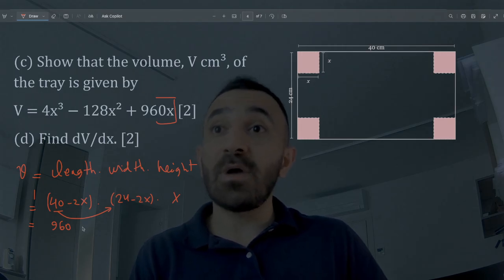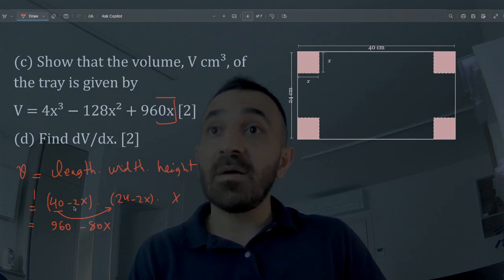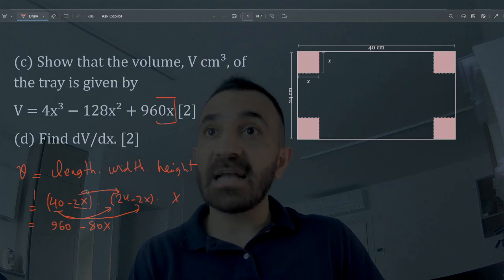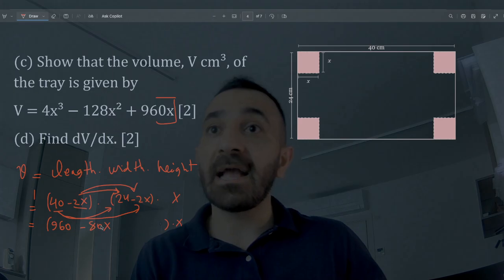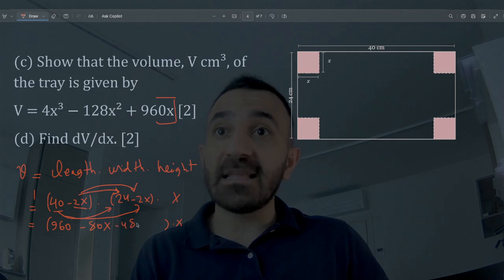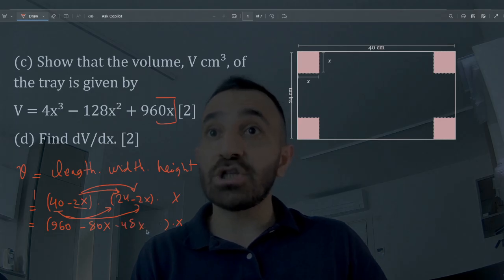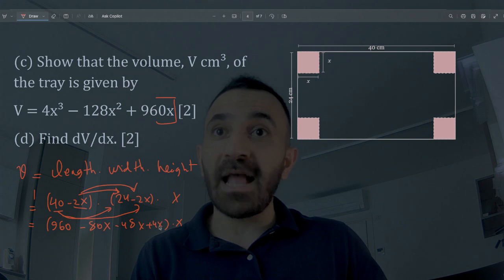40 times minus 2x is minus 80x. You have to multiply everything by everything. Forget about x for a second; we're going to multiply by x at the end. Minus 2x times 24 is minus 48x, and minus 2x times minus 2x is 4x to the power of 2.